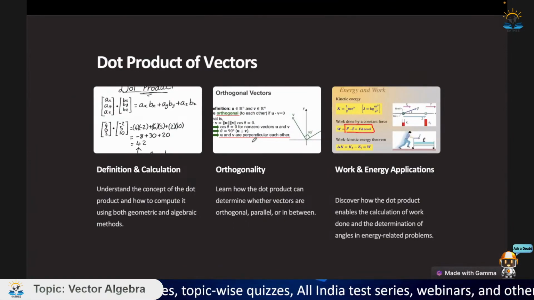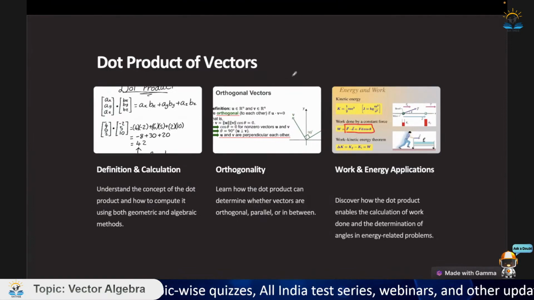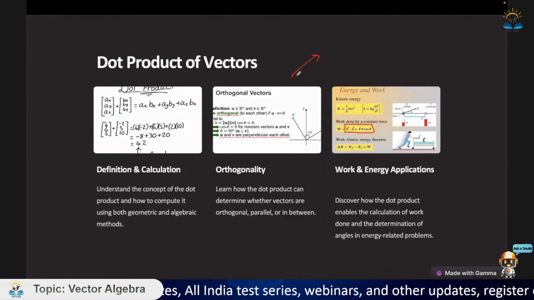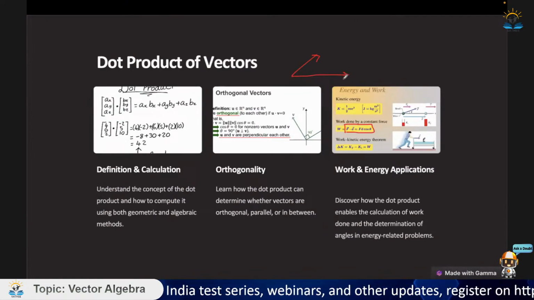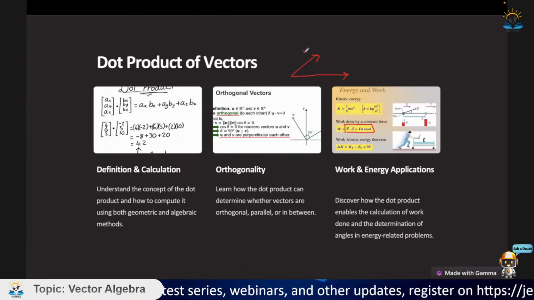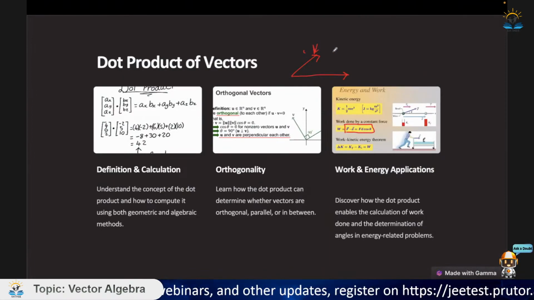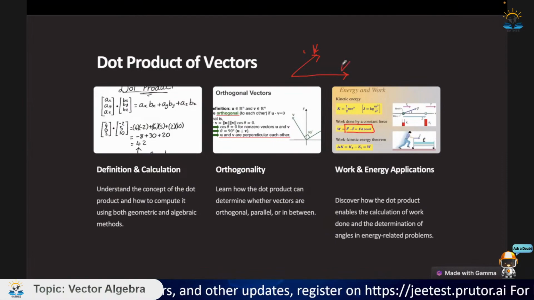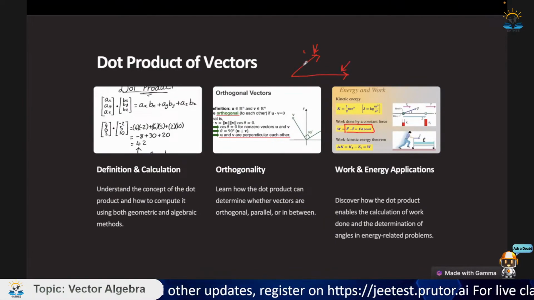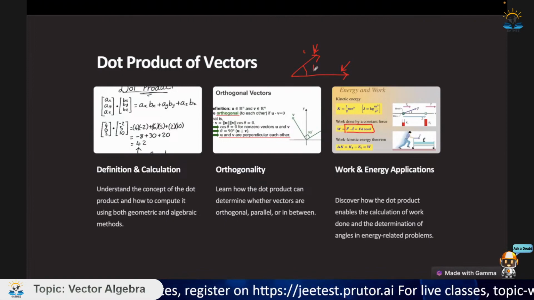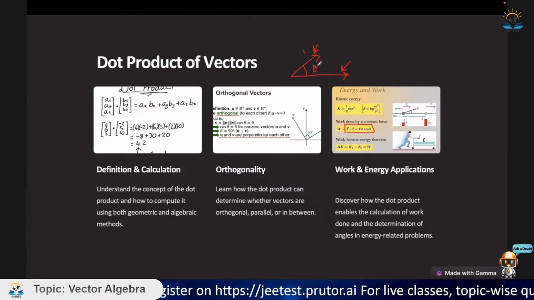So let's say you want to project this vector on this vector. This is the a vector and this is the b vector, with an angle of around theta.